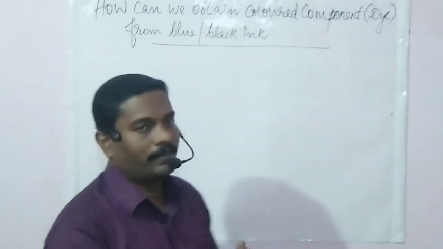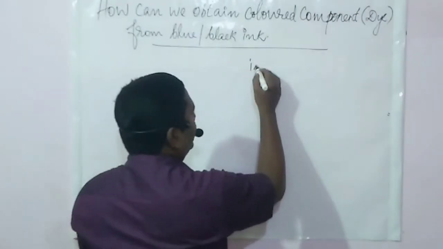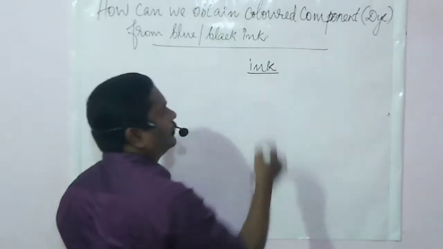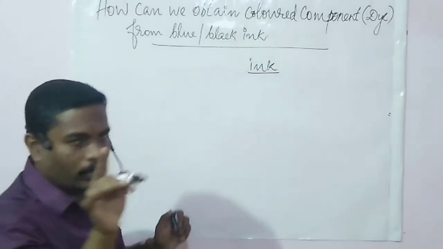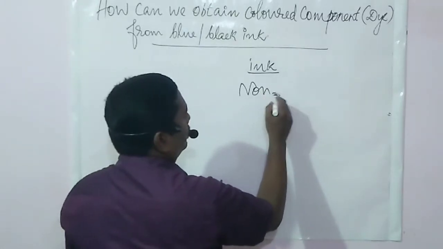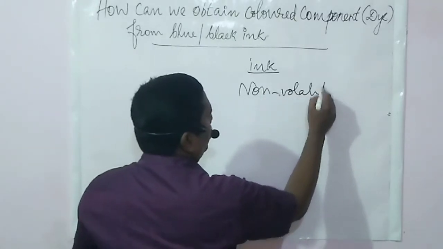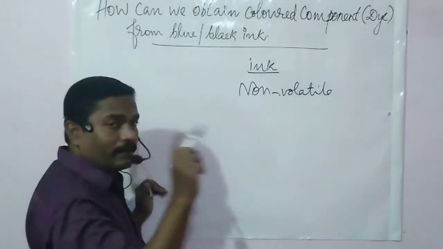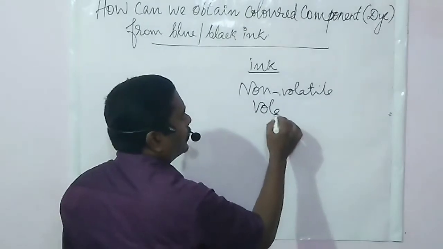Once again, in ink, there are two components. One component is non-volatile in nature, and the other one is volatile in nature.